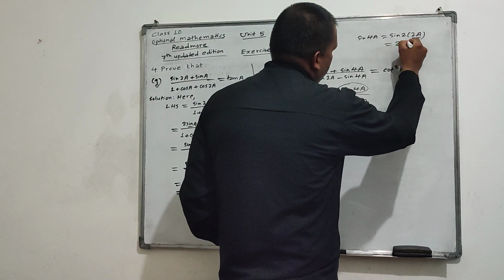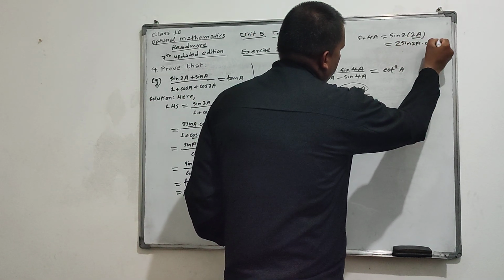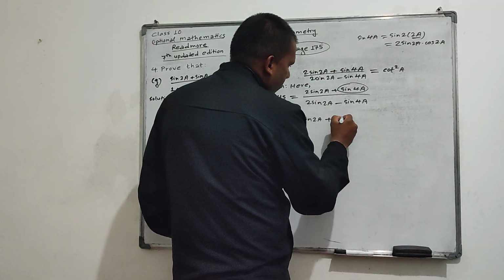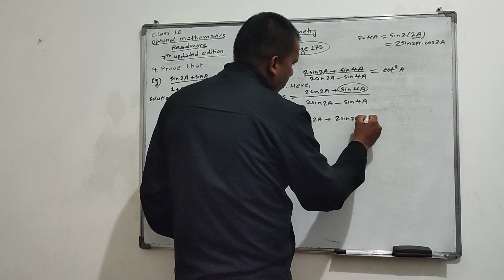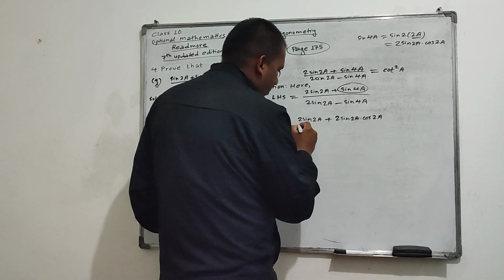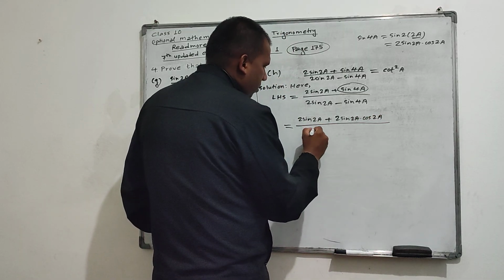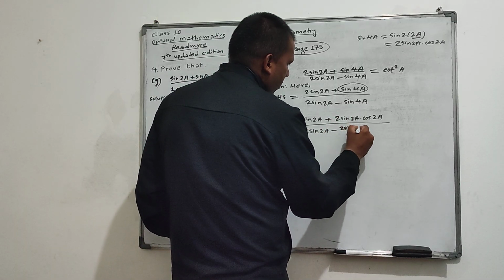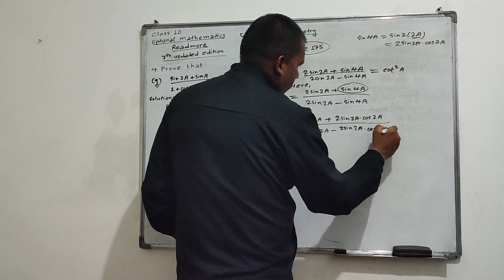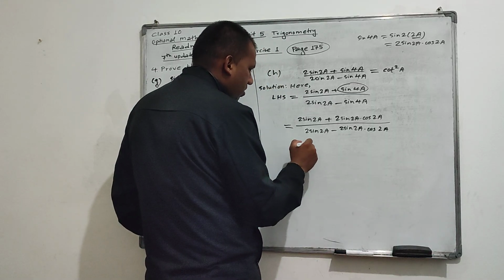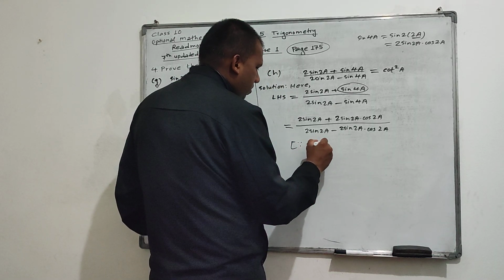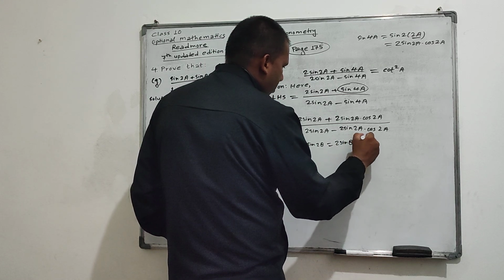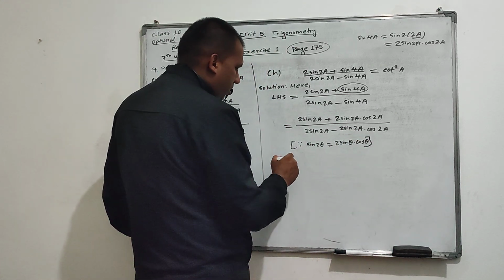So sine 4a equals 2 sine 2a cos 2a, over 2 sine 2a minus again sine 4a, that is 2 sine 2a cos 2a, because sine 2 theta equals 2 sine theta cos theta by using this formula.